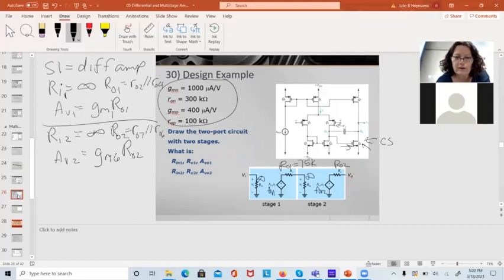So this is 30 times VN. My RN here is infinity. We've already got that out. And my RO2 is 75K also. And my gain on this stage is negative 75.